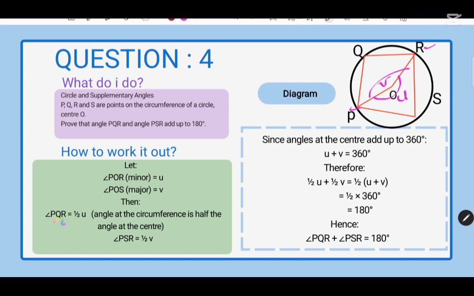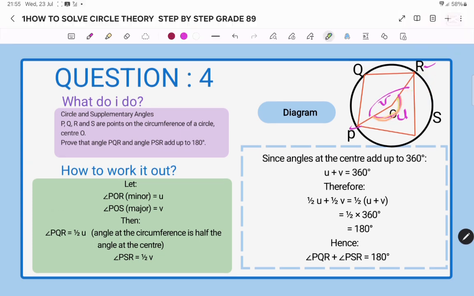Let's now say that angle PQR is equal to half U. How? Angle PQR, look at it, is subtended by this arc, and it is equal to half of U because the angle at the circumference is half the angle at the center.